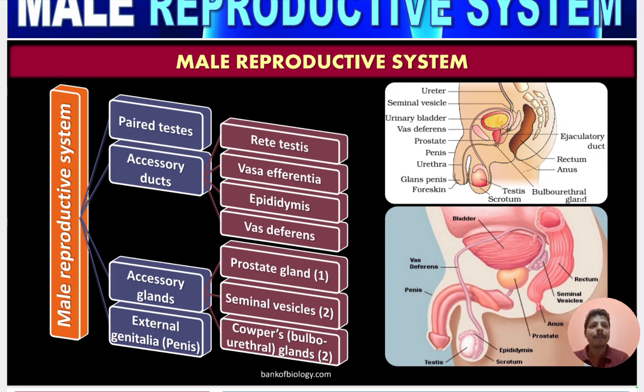You can see in the diagram a pair of testis located in this region. Coming to accessory ducts, there are rete testis, vasa efferentia, epididymis and vas deferens. Coming to accessory glands, there are prostate gland, seminal vesicle and Cowper's or bulbourethral gland, and finally external genitalia, that is penis.